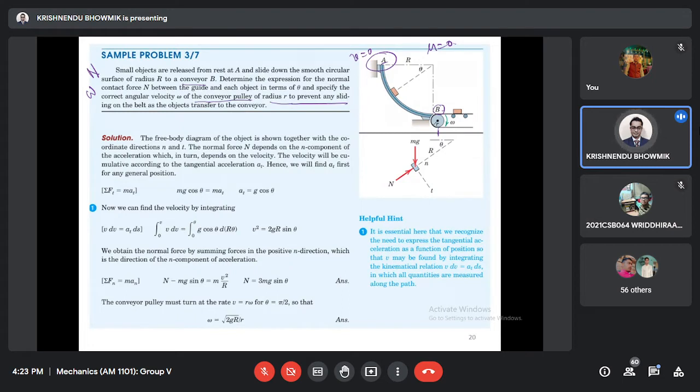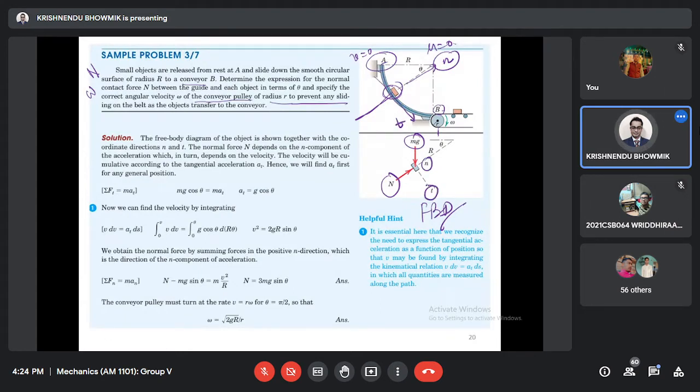This type of conveyor belt you have seen, some objects will move from one place to another place. Now at a particular instant, we are going to draw the FBD, free body diagram. Its mg will act vertically downward and along this will be the normal force. This is the n normal direction, and this is the t direction.